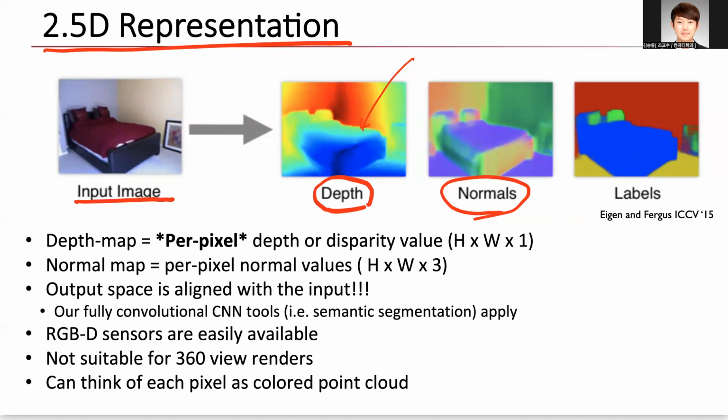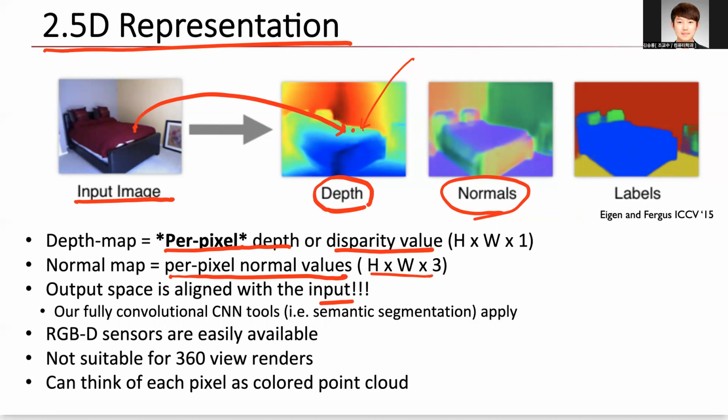Depth map means per-pixel depth or disparity map. So we have to find the corresponding depth information per each pixel. Normal map is going to be the normal values per each pixel, H×W×3. Output space should be aligned with the input images.